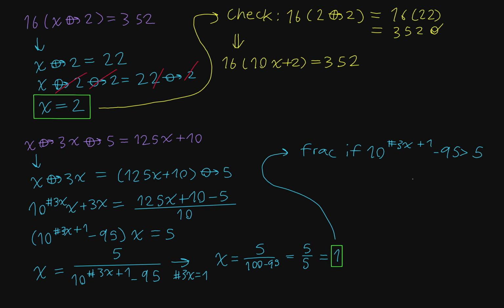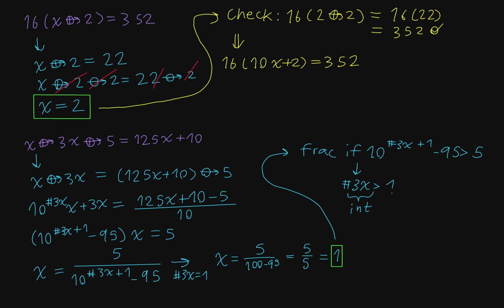That intuitively makes sense. But anyways, if we solve this inequality, add 95 on both sides, divide by 10, and then we can take the log also, what we'll get is that the digit count of 3x is greater than 1. And remember, this has to be an integer, right?